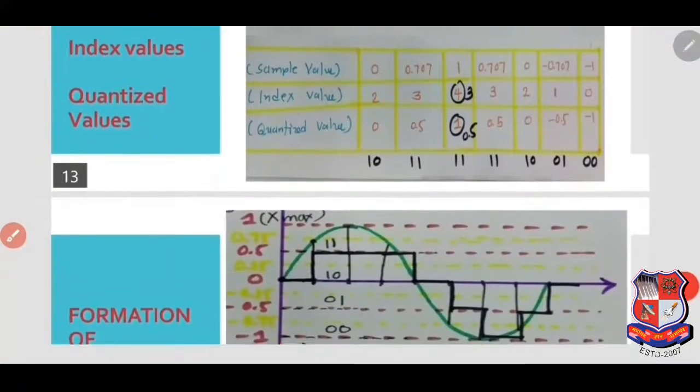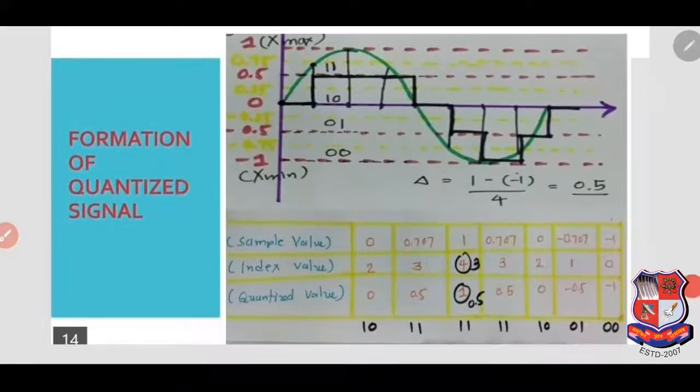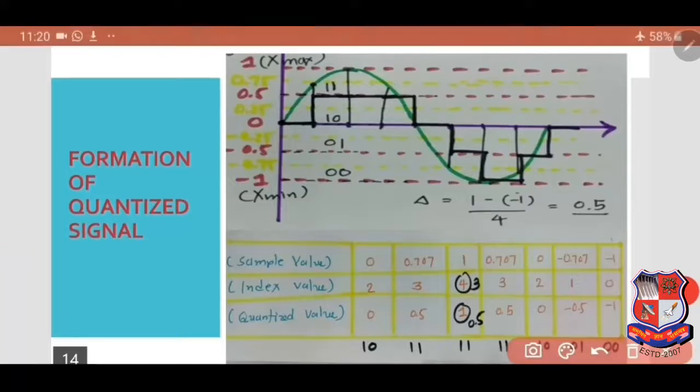Okay, so in this slide we will see how this table will help us to translate this analog signal into the quantized signal, and after this quantized signal, how we move towards the digital data.